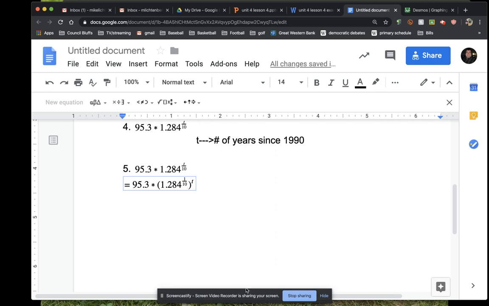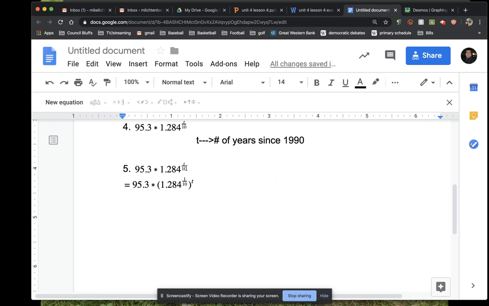I want you to look and compare this part to this part. And hopefully, if you look at that, you realize that these are saying the same thing. If I multiply 1/10 times t, that is equal to t over 10.